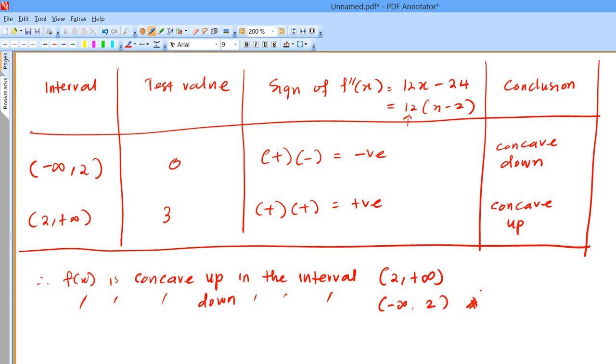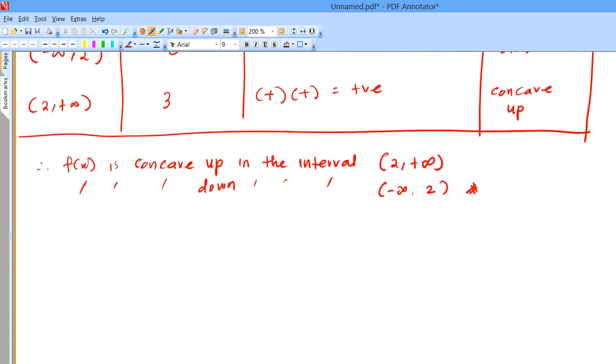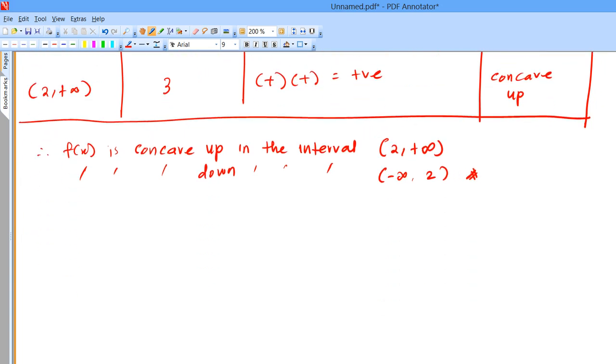Okay, next we want to find the inflection point. So we have inflection value equal to x equal to 2. So for the inflection point, we have 2, and then you just need to substitute 2 into f x, not f prime, not f double prime.